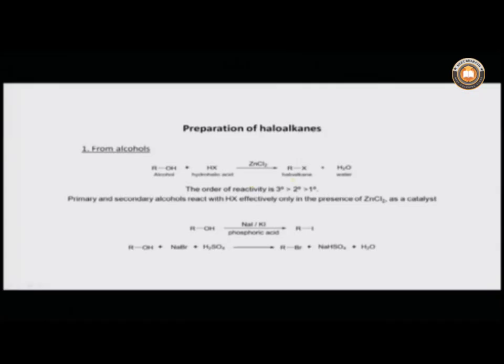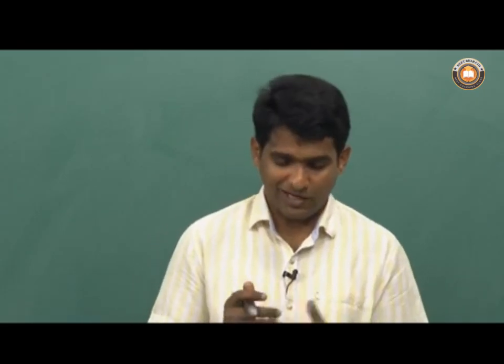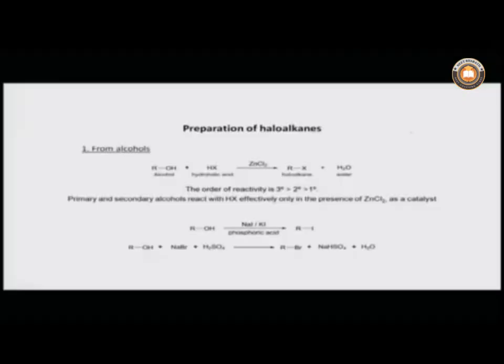Now if you would like to know how this may be happening, why did this break, what exactly happens is that the hydrohalic acid dissociates in solution to H+ and X-. Now this H+ that is present in any acid would like to interact with the oxygen atom of the alcohol, and it would protonate the oxygen atom of the alcohol. So if you look at the alcohol here, the O is already bonded to an R group and a hydrogen.